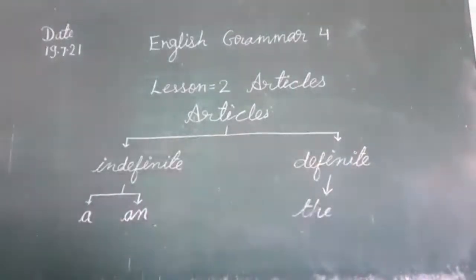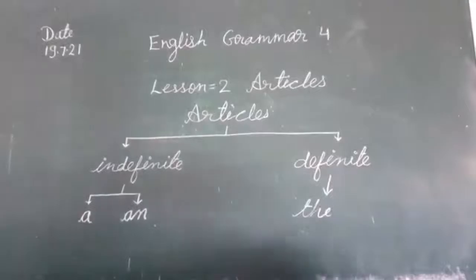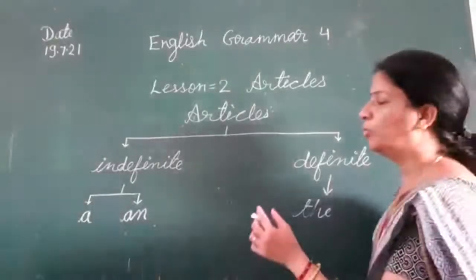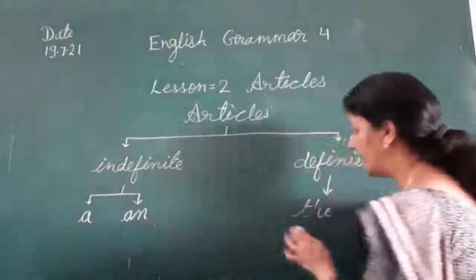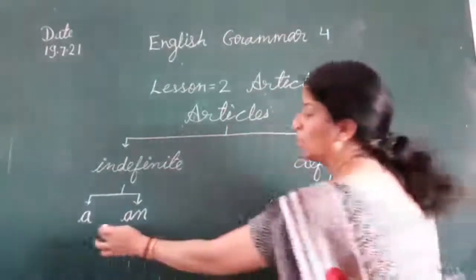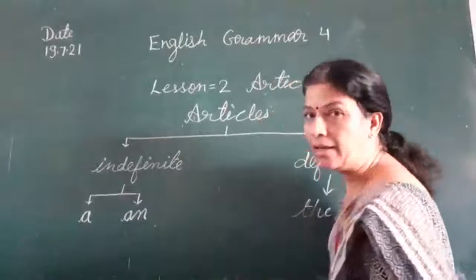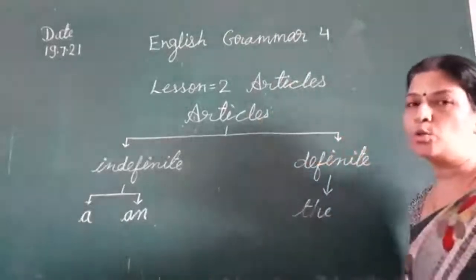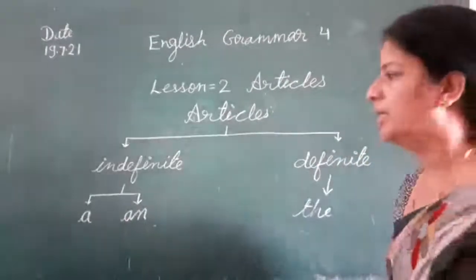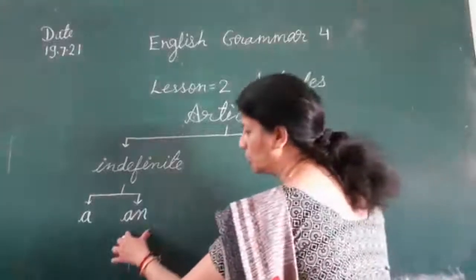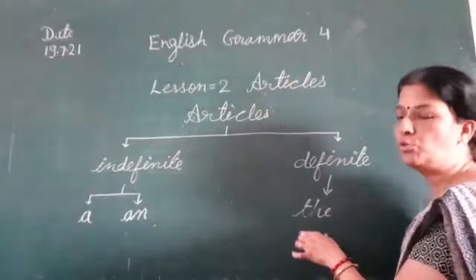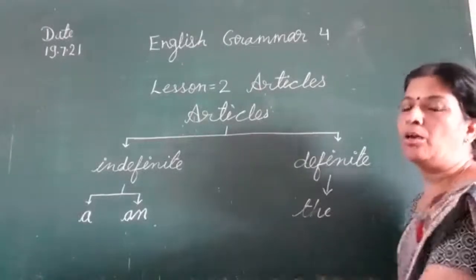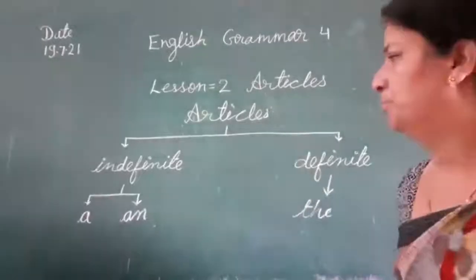In this chapter we will learn where we use the articles a, an, and the. We use a before consonant sound words and an before vowel sound words, and the is used in so many places which I will explain to you.